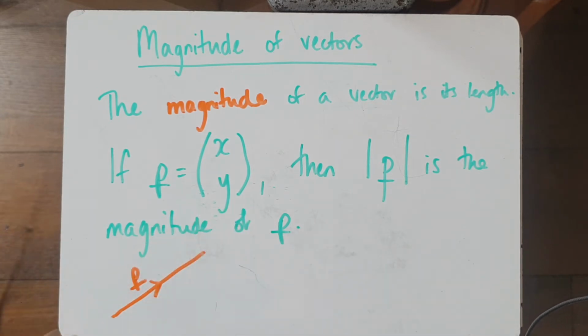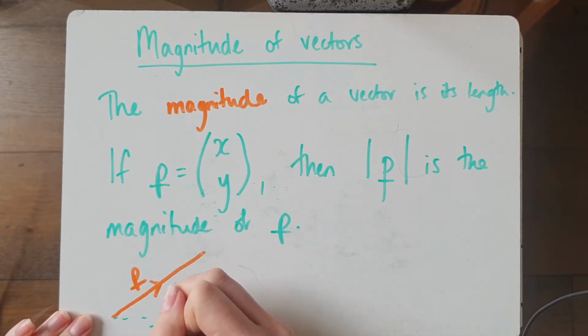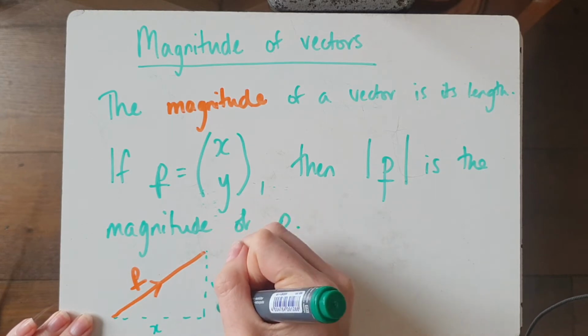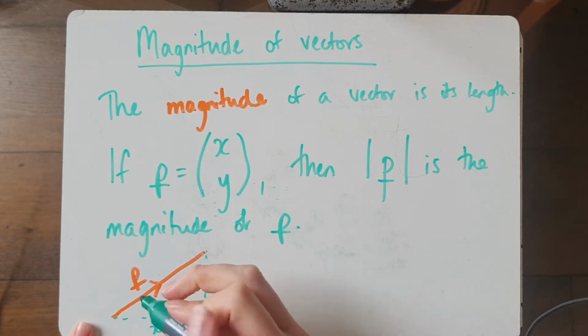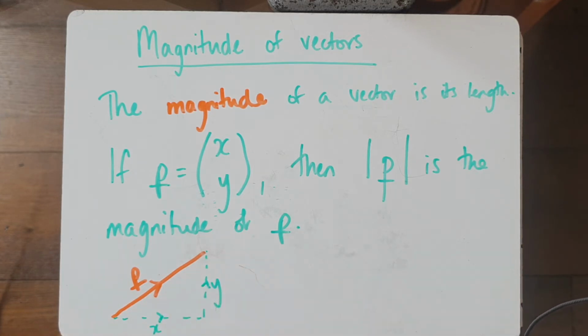It has its x component, which is in the x direction, and it has its y component, which is in the y direction. Because P is going from here to here, it must be going that way, and y's component must be going that way.